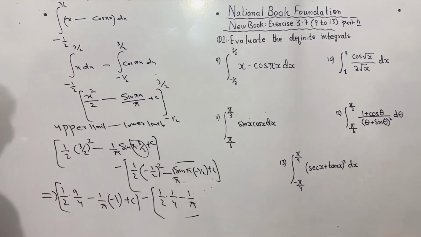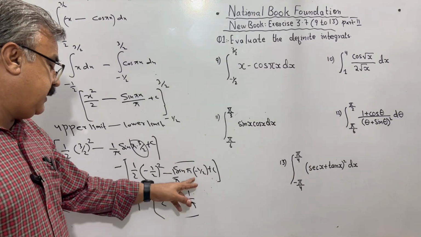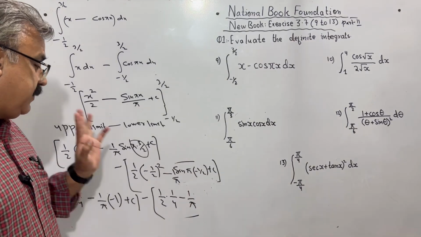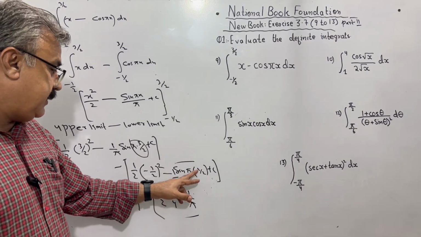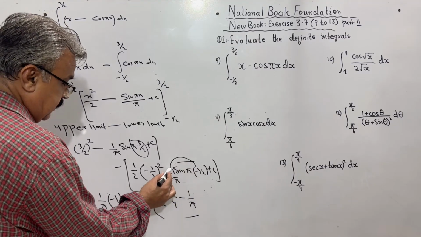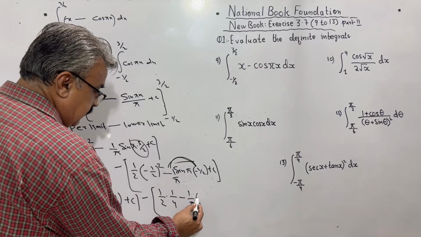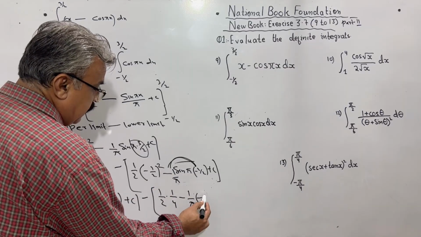Sine is an odd function. So the negative sign in the argument is not going anywhere, because it is an odd function. It should be kept intact and it will become minus sine pi over 2.